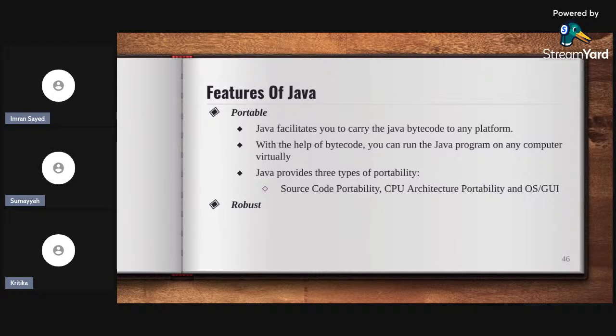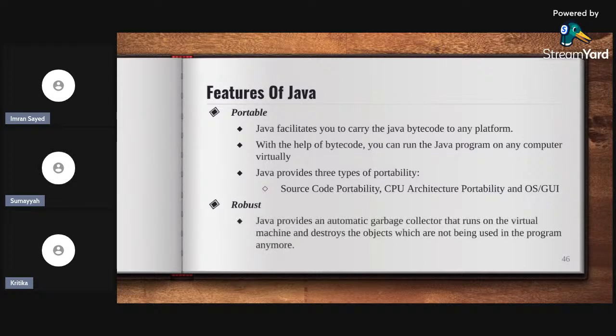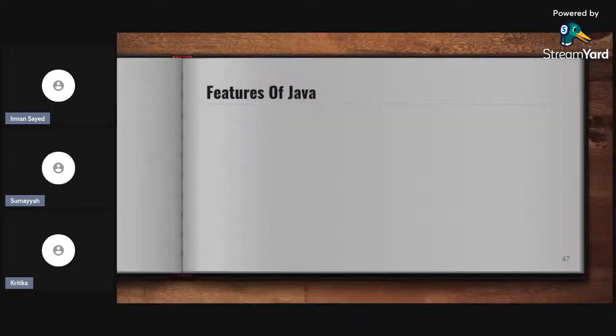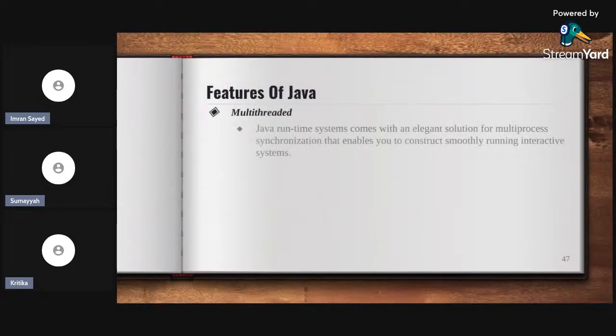Robust. Java provides an automatic garbage collector that runs on the virtual machine and destroys the objects which are not being used in the program anymore. Multi-threaded. Java runtime systems come with an elegant solution for multiprocess synchronization that enables you to construct smoothly running interactive systems.